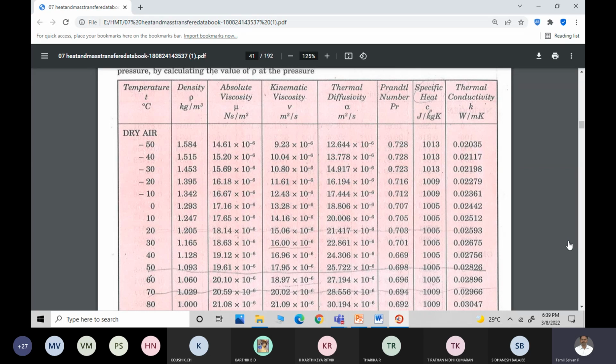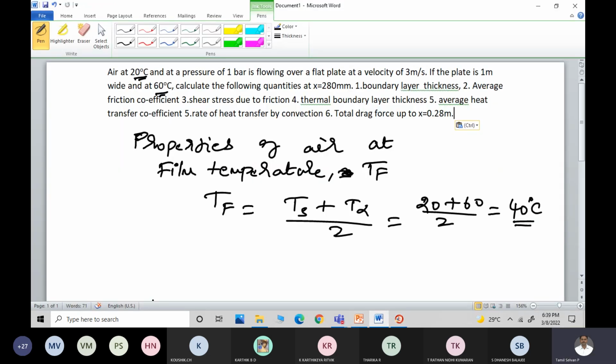What is the K value? Tell me all these values, students. Density, how much is it? 1.128 kg per meter cube.